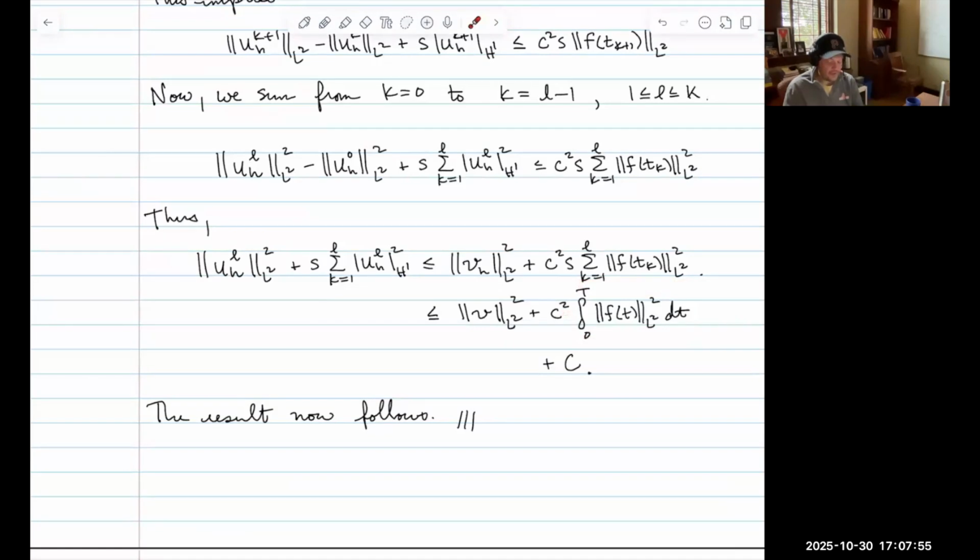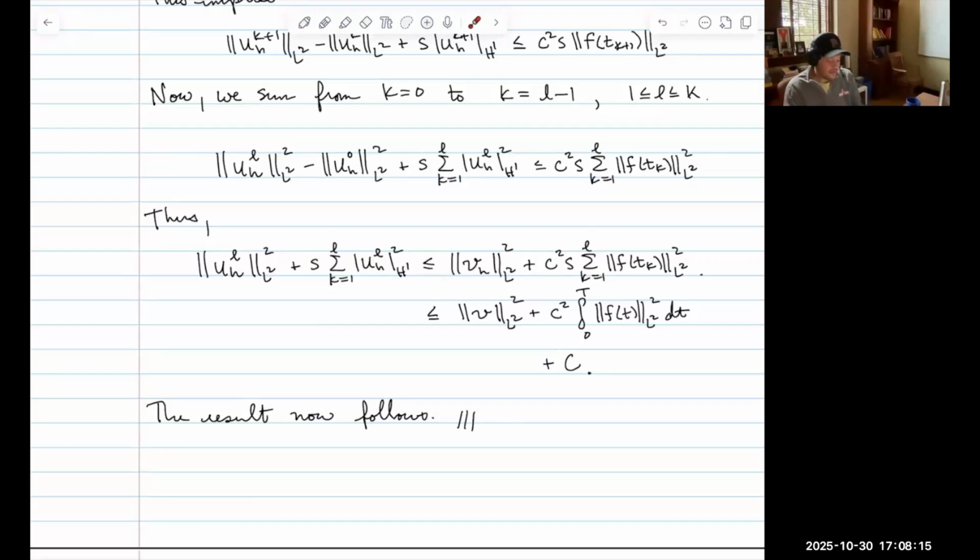That's going to give me c squared times the constant, which I'm just going to call c again. And what about this one? Well, I said that this could be less than, or should be less than, the L2 norm of v squared plus another constant. And then I just combine those two constants together.